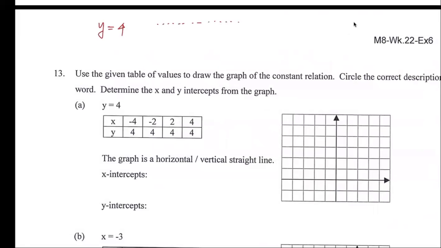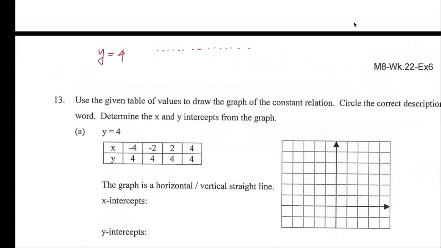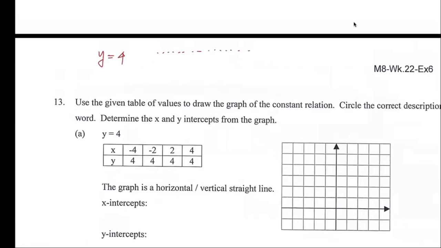So all the points on this straight line have the same y value, which is 4, but they have different x values. So if you try to picture that in your head, it has to be a horizontal line, right? It has to be a horizontal line because only for horizontal straight lines, all the points have the same y value, but different x values.